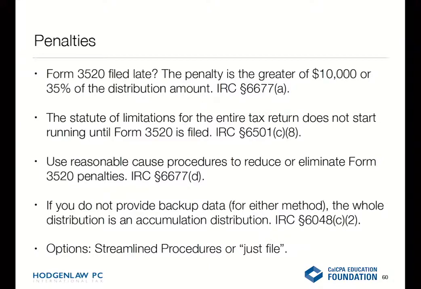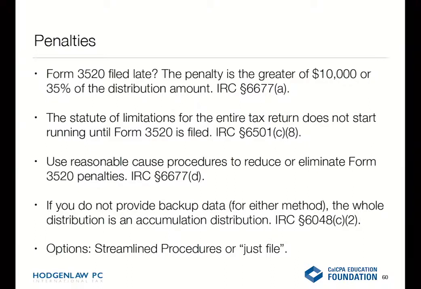I've actually worked with clients for whom that would not work out very well financially, and so we used reasonable cause instead. Again, this can be used if the client has the actual criteria for reasonable cause. You might be able to get the penalties removed that way. And lastly, kind of a hidden penalty.